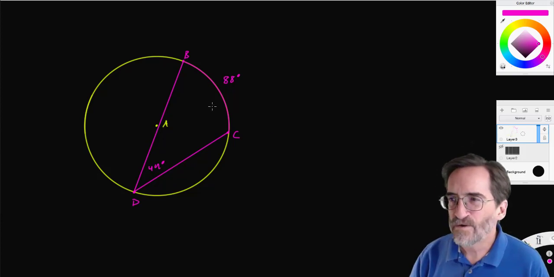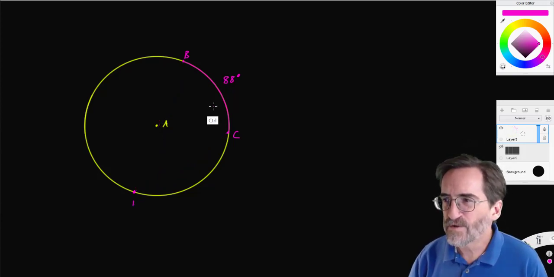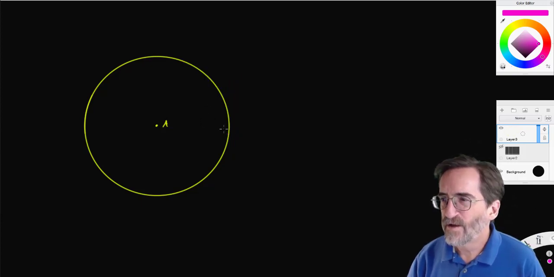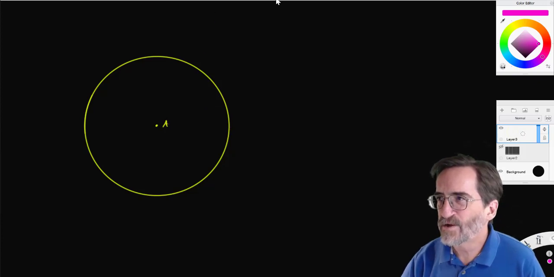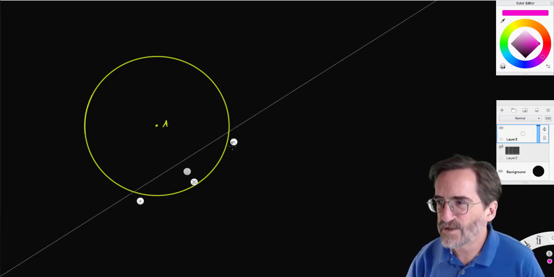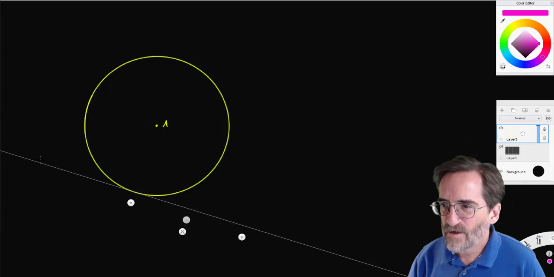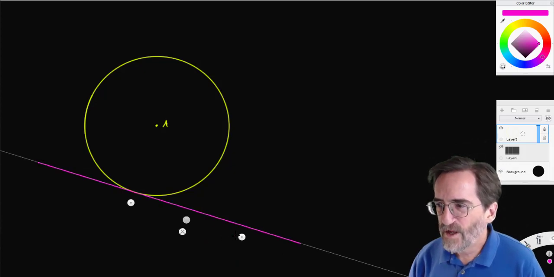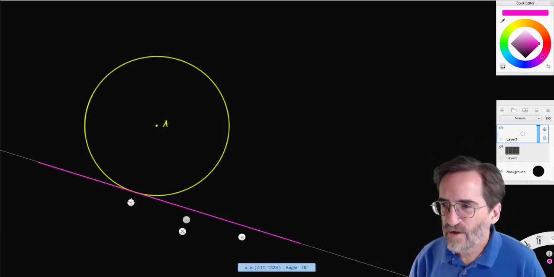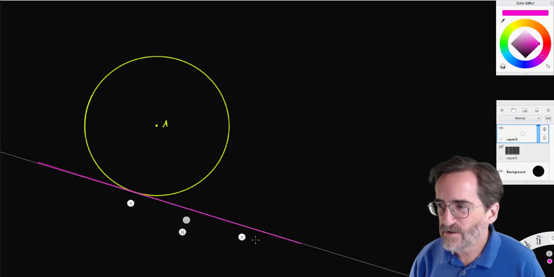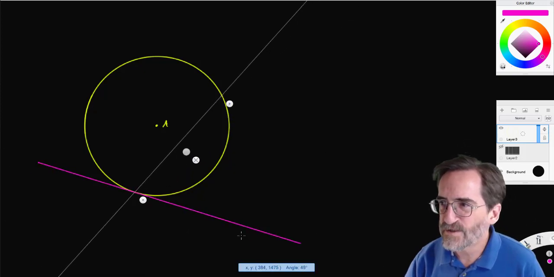We also learned that if you have a tangent and a chord. A tangent is a line that just touches the circle once, and a chord at that point of tangency. Let's say it's like this.